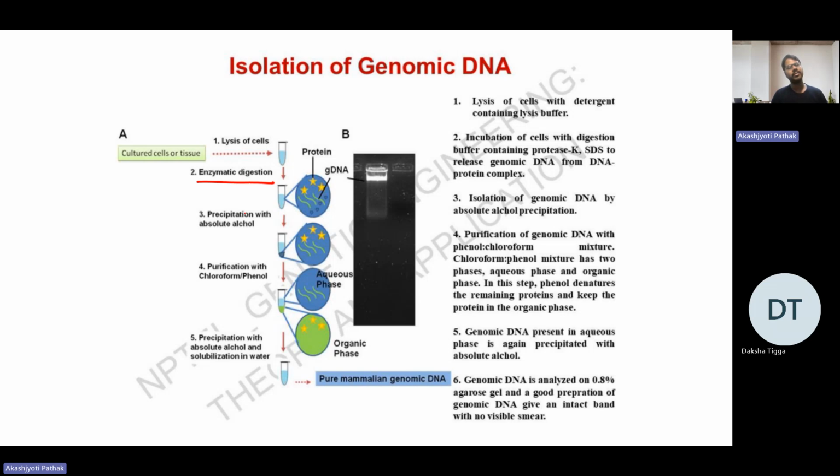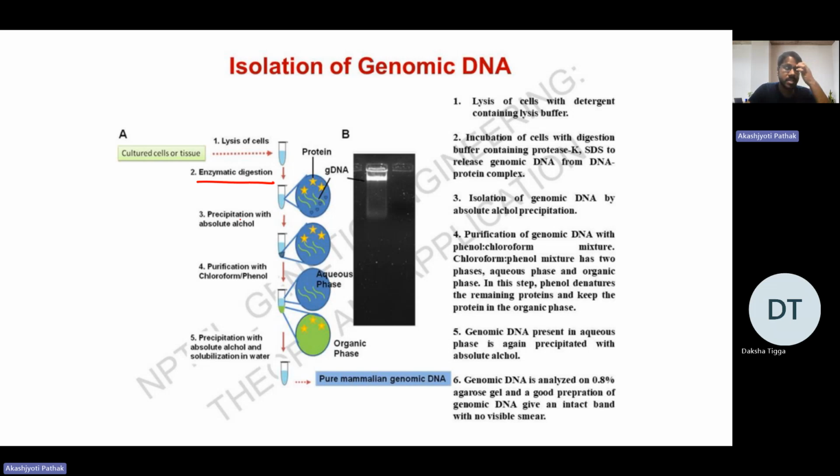Absolute alcohol will precipitate your DNA, and along with it, proteins will also get precipitated. So you purify it with chloroform phenol. Phenol will cause the protein to move into the organic phase, but your DNA will remain in the aqueous phase.